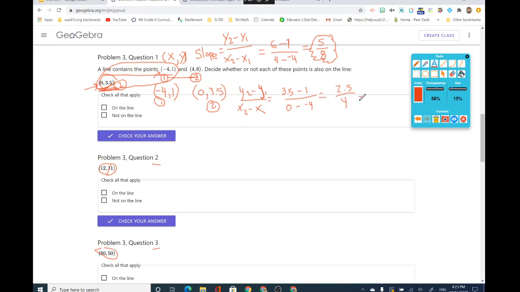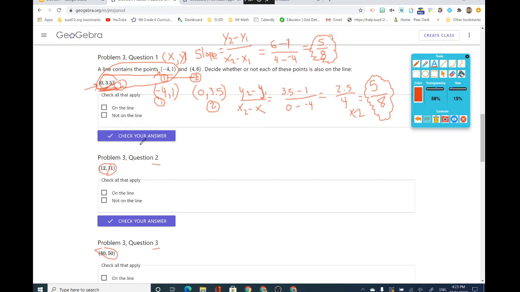I'm going to change the denominator to find out. So I want the 4 to change to an 8. Well, that would be 4 times 2. So I can change the denominator by multiplying it by 2. And then that's 8. Now, if I multiply the denominator by 2, I have to multiply the numerator by 2. 2.5 times 2 is 5. Ding, ding, ding! Look at that. The slope is equal to the original slope.